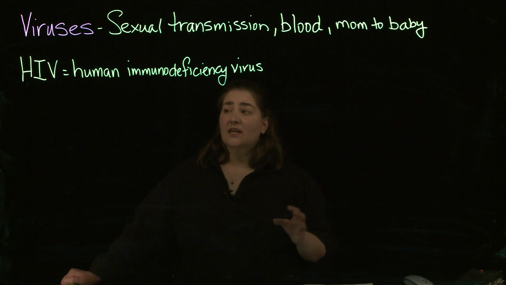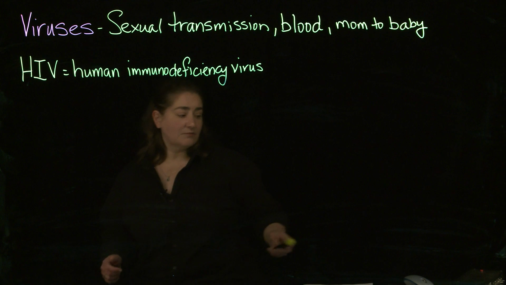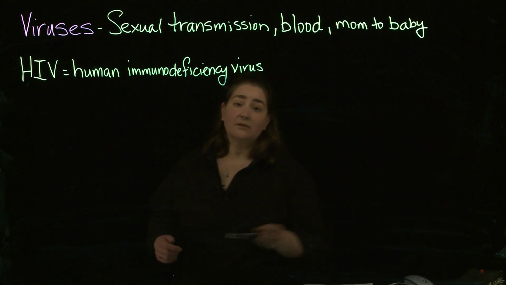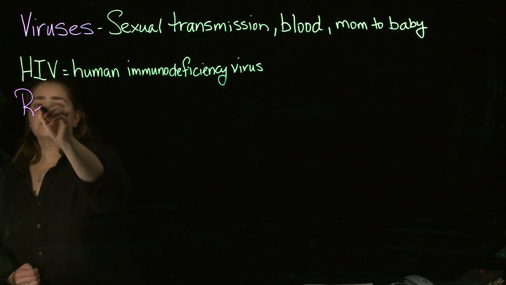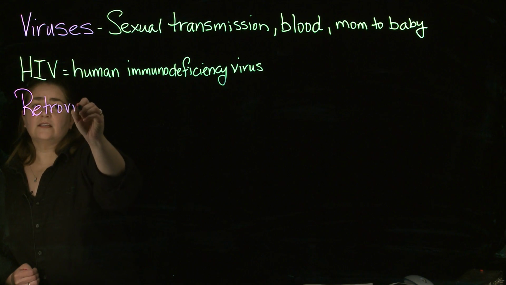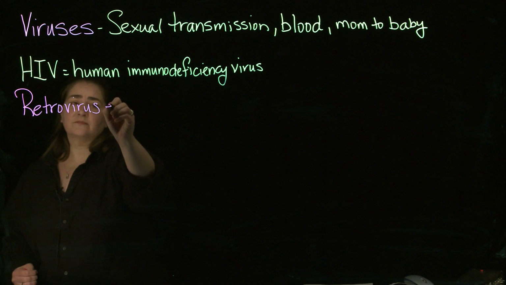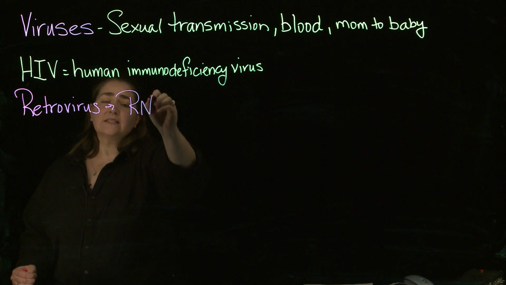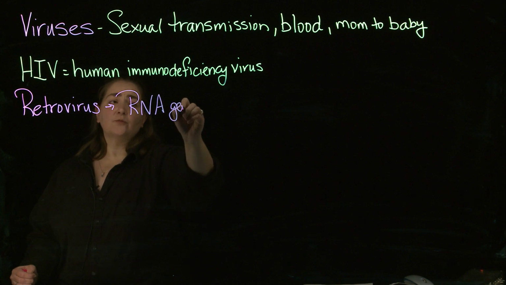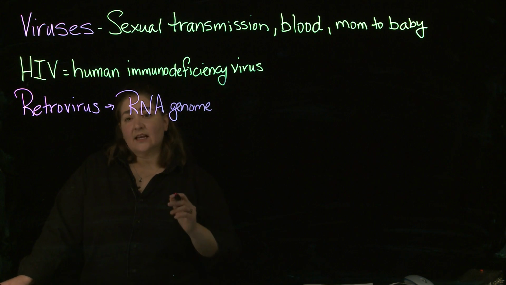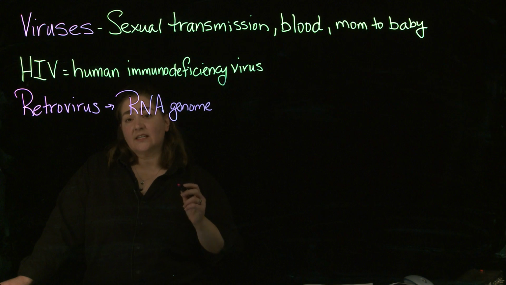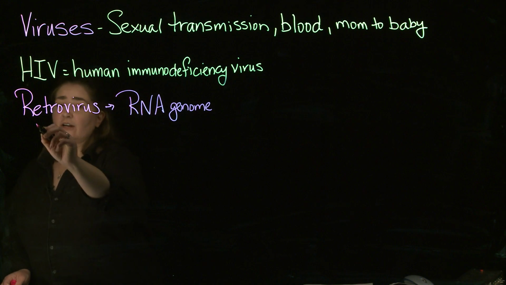And in terms of the HIV virus, all right, one thing about the HIV virus that makes it a little bit unique is it's a retrovirus, all right, which means it has an RNA genome and it needs an enzyme in order to replicate in a host cell, all right?